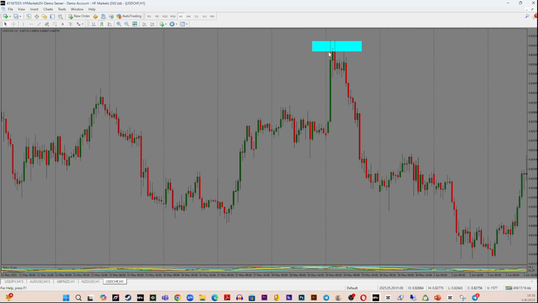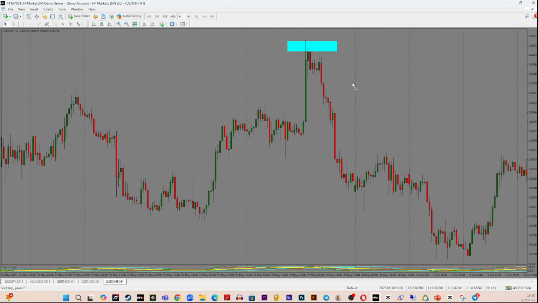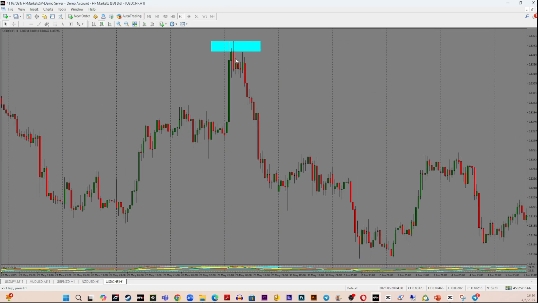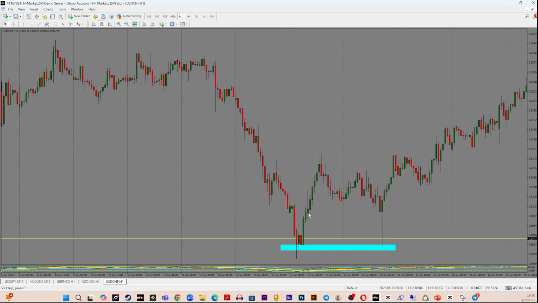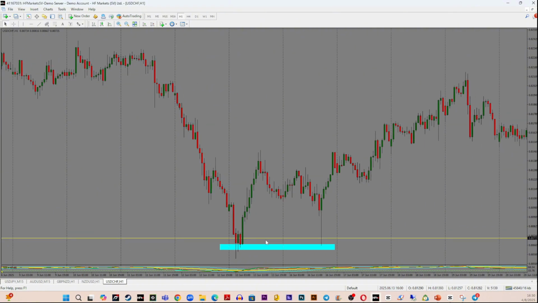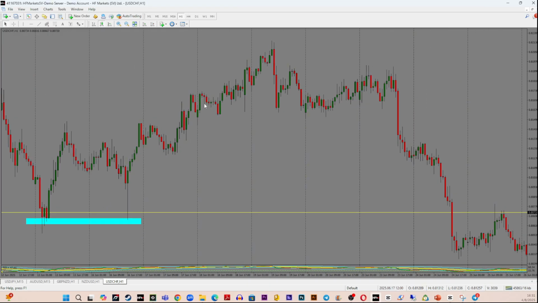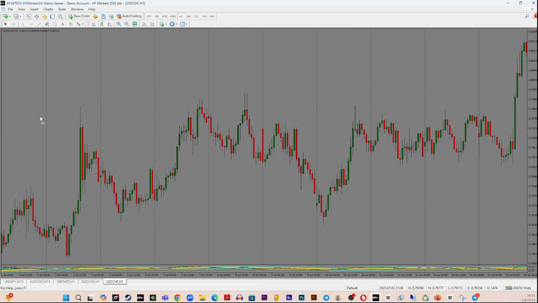Here it was not a good pattern because there were 2 legs within the same session, so this was a skip. Right, this was a very beautiful pattern which had the first leg on this day, which is the Asian session of this particular day, and the second leg in the US session of the following day, actually giving us this long sustained run to the upside.